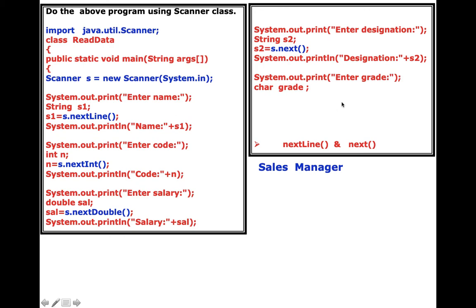So I will write something like grade equal to, quite difficult, s dot next dot charAt(0). This is 0, this is not O. I'll explain this to you in detail. For the time being, just be convinced that this part will read the character and assign it to grade. The next SOP will be the same as the earlier program, grade colon, and this may display something like A, B, C, whatever. Then we close the void main and we close the entire class.